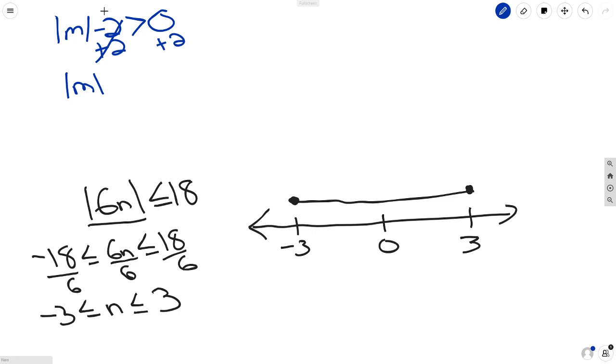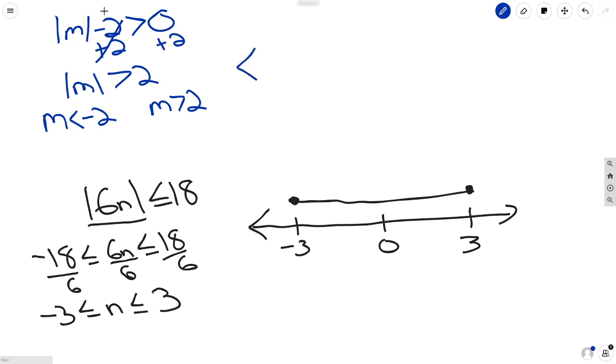So now I have the absolute value of m is greater than 2. So the way we set up an absolute value with a greater than is we say m has to be less than the negative number but greater than the positive number.